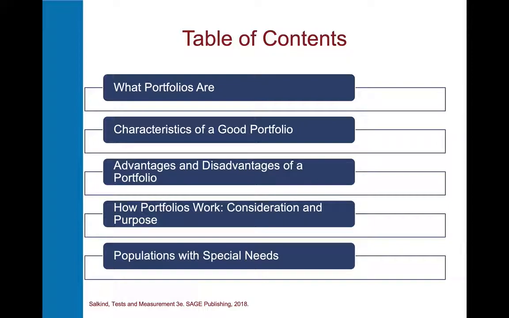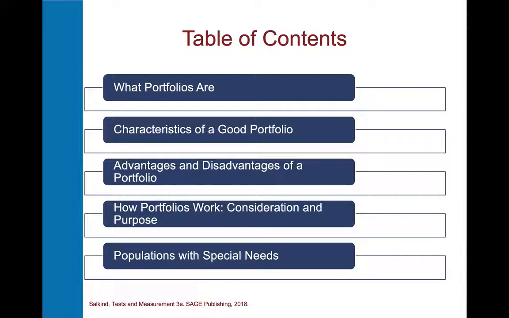So the chapter is divided into 5 parts. First we'll talk about what portfolios are. Then we'll discuss the characteristics of a good portfolio, the advantages and disadvantages. And then we'll talk about some of the considerations to take into account when making a portfolio or deciding if you should do a portfolio.